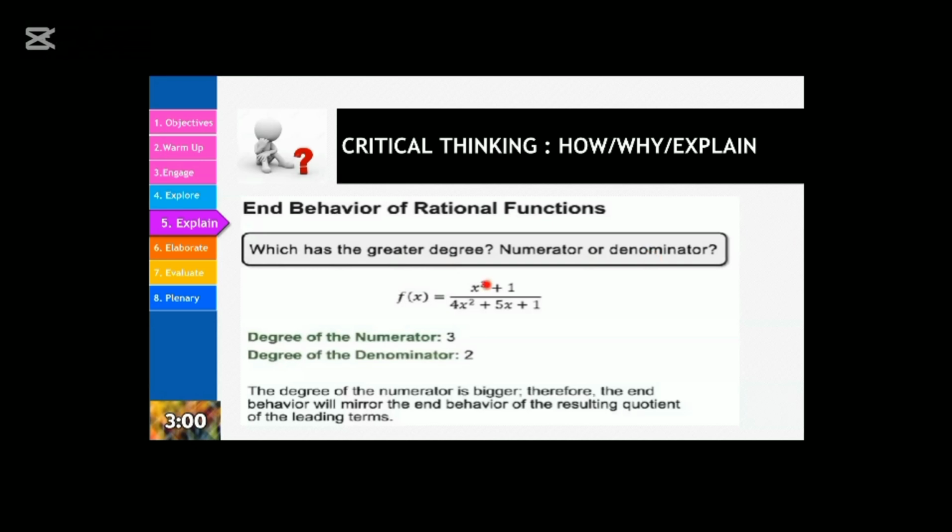The degree in the numerator here is equal to 3 and the degree in the denominator here is equal to 2. That means the degree of the numerator is greater than the degree of the denominator, or it's bigger. Therefore, the end behavior will mirror the end behavior of the quotient of the leading terms.